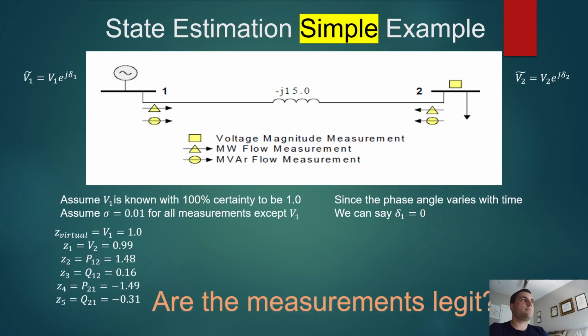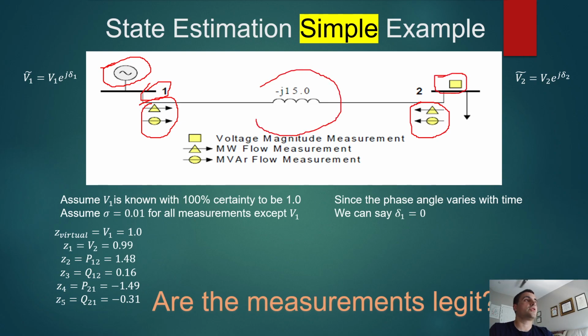This is about the simplest example I could come up with for state estimation. Normally a real-life state estimation would be way more complicated than this. But for this we have a generator and a bus, two readings on one relay, and then two readings on the other one for real and reactive power, and a voltage reading on a second bus, and a transmission line in between the two.